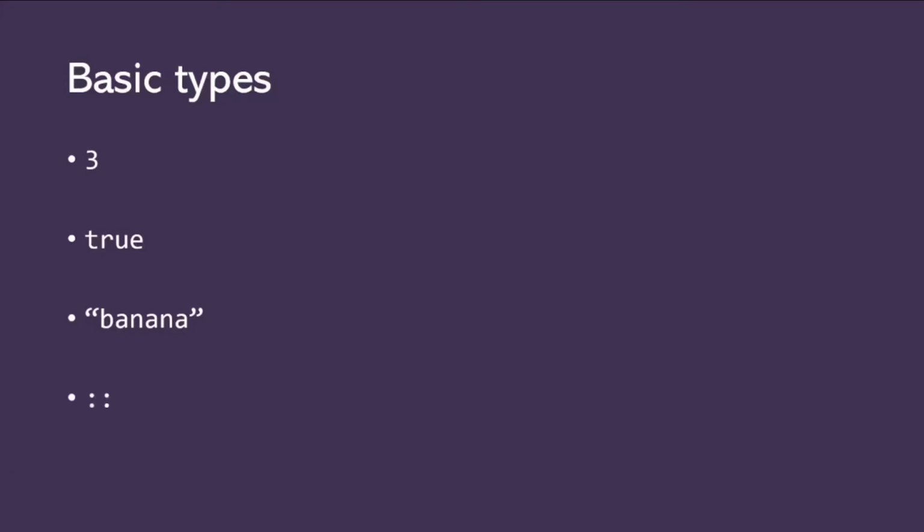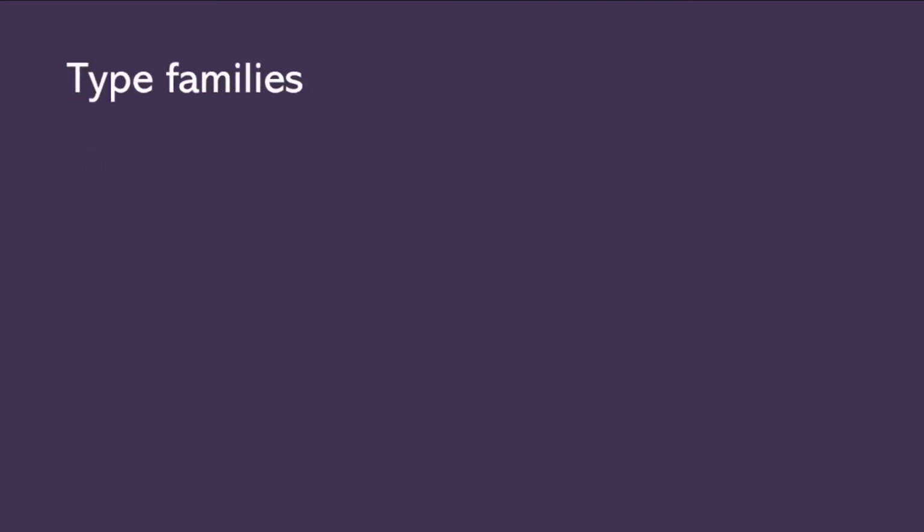And then this is a convenient syntax, this double colon. You might think of it as 2 colons next to each other. We are veering into the advanced topics here, so if you're getting lost, I can't really blame you, but we're going to have a quick look at some of the type families.